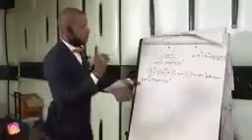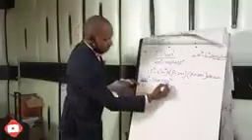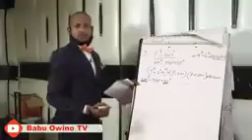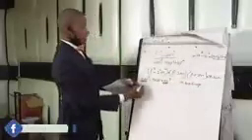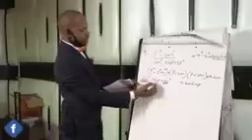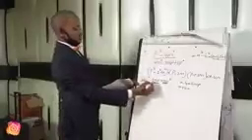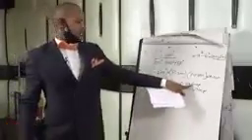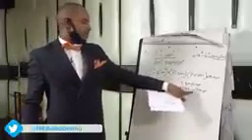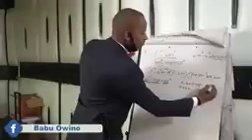Look for two numbers that when you multiply give you 2m times 3p, which is 6mp, but when you add the same two numbers, let the numbers be a and b, they give you minus 7mp. So we get two numbers that when we multiply give you 6, and when you add give you minus 7. The numbers are minus 1 and minus 6.